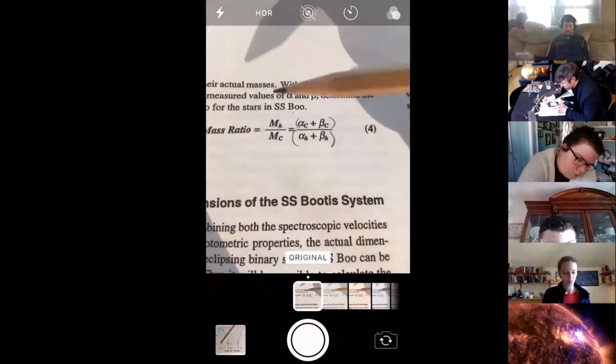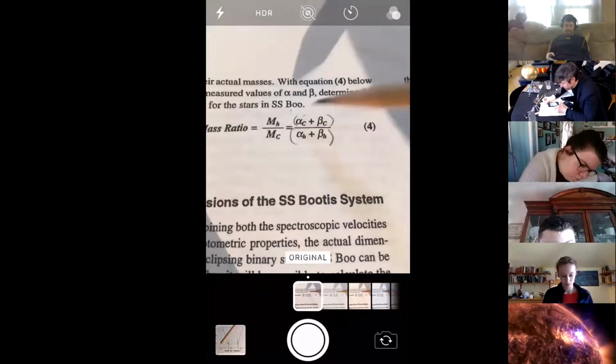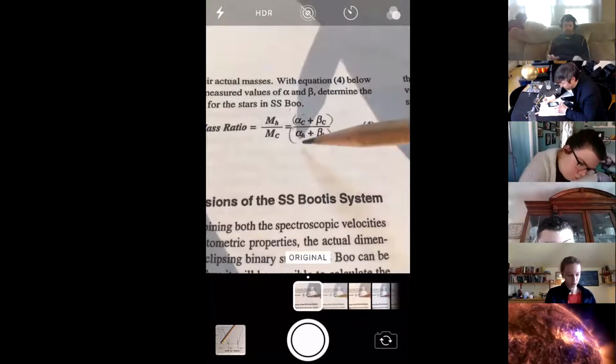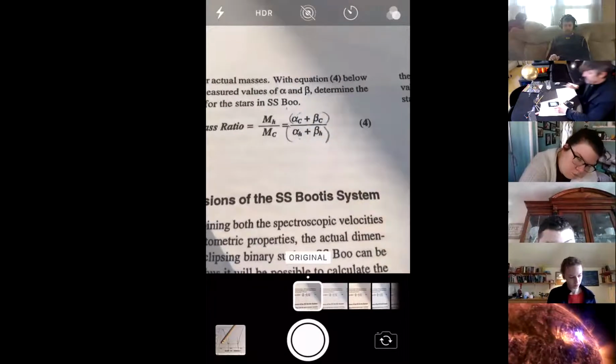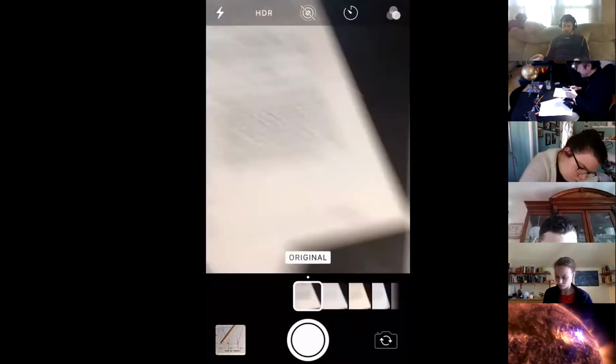You have to use parentheses. The ratio of the hot mass to the cold mass is alpha cold plus beta cold over alpha hot plus beta hot, and here we have to be careful to include the negatives. So I'm going to get a little pad to write this out in. That's going to be helpful for us.